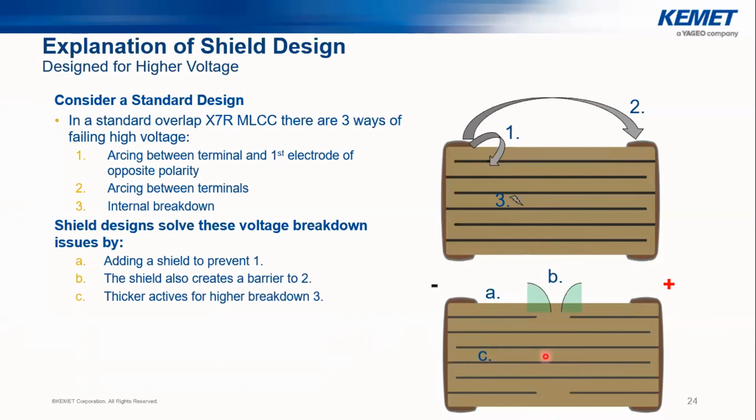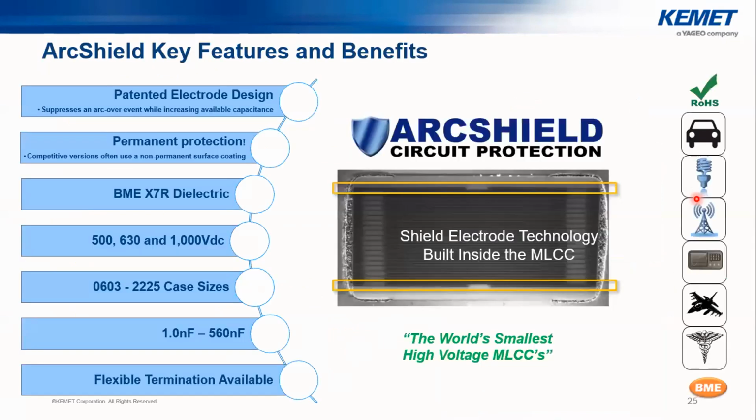We also use thicker active parts between the layers inside to increase the breakdown voltage between the layers. Through this, we can avoid the arcing that can happen in case of problems. This is a patented electrode design that we have at KEMET. It is a permanent protection when it comes to high voltages.